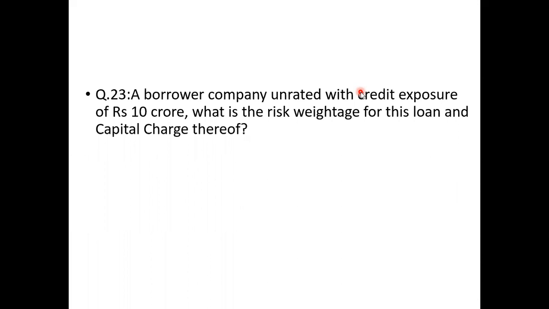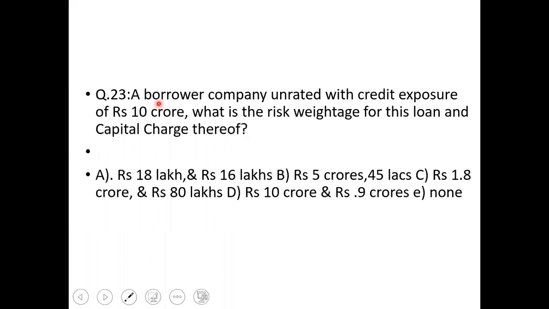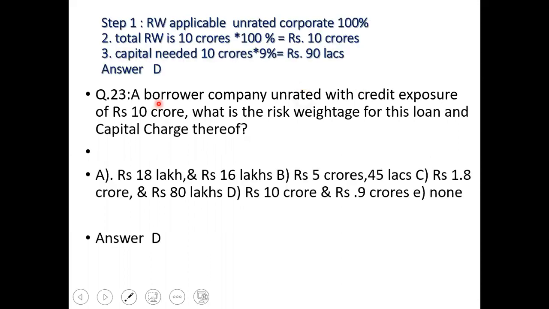Below triple B, B, 150% risk weight. So that risk weight, something you have to remember. So the credit exposure unrated means 10 crore, and capital 9% means 90 lakhs or 0.90 crores. Agreed? So these are the questions they will ask.